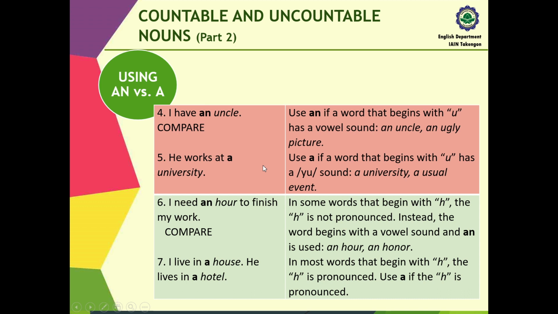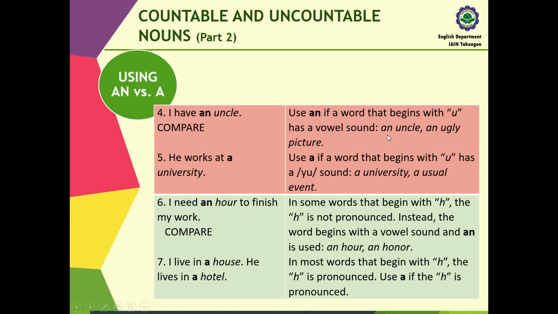Okay, let's see the difference. Use an if a word that begins with U has a vowel sound. An uncle, an ugly picture. So we use an if the word that begins with U has a vowel sound. For example, uncle. When we say uncle, the sound is a vowel.